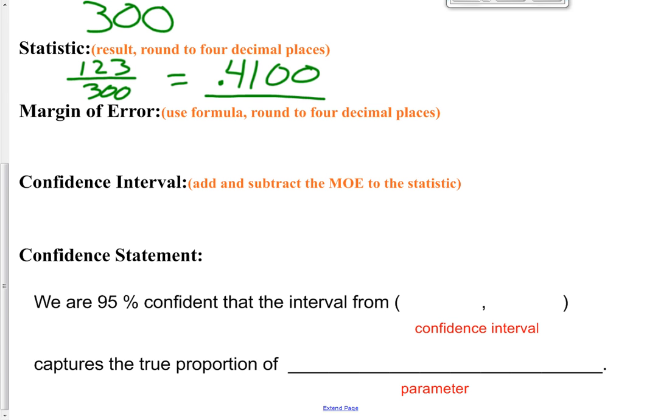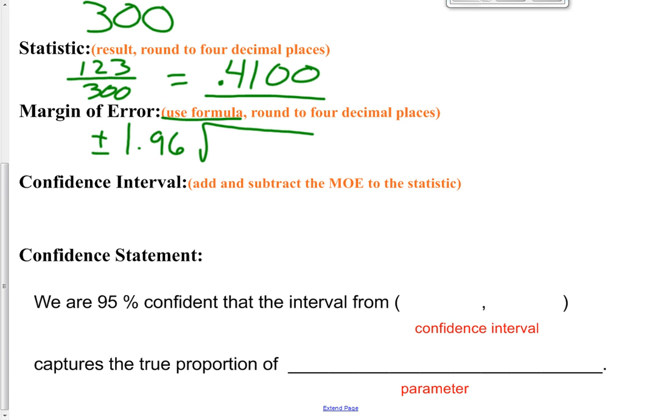So we're going to use this formula that's found on the front page of your notes. It's plus or minus 1.96 times the square root of p hat, and that is our statistic.